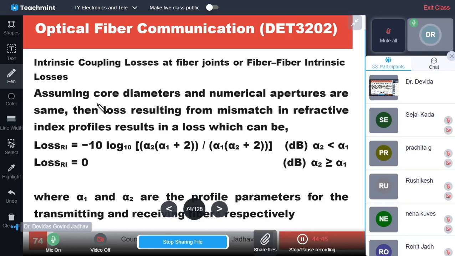And third is assuming core diameter and numerical aperture are the same. If core diameter and numerical aperture are the same, then the loss results from mismatch of refractive index profile. Refractive index profiles are different.